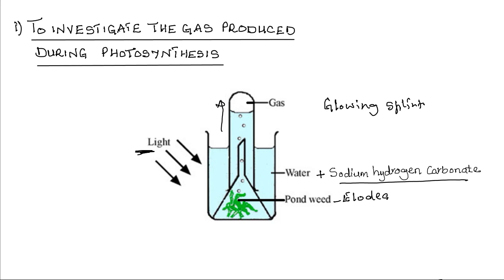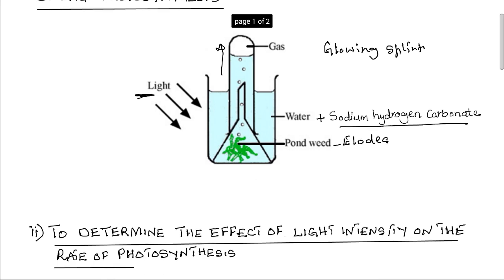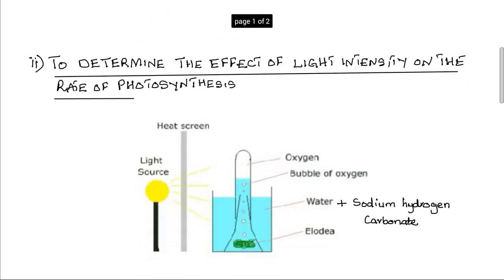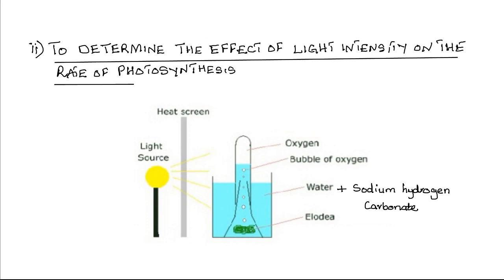And the shorter the distance, the higher the light intensity. So the rate of photosynthesis can then be recorded and compared, because you can determine the rate by counting the number of oxygen gas bubbles being produced per unit time. For example, you can count the number of bubbles per minute at each distance.